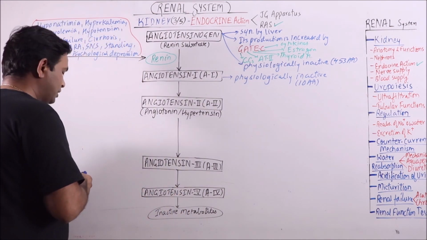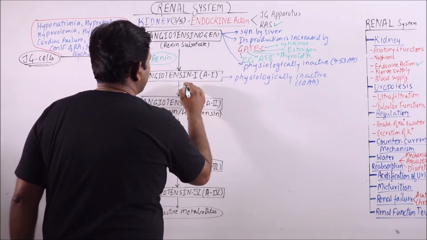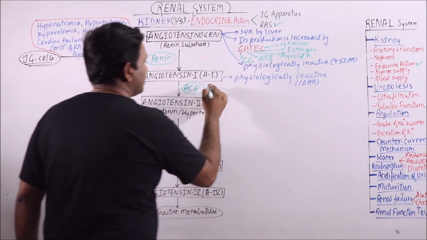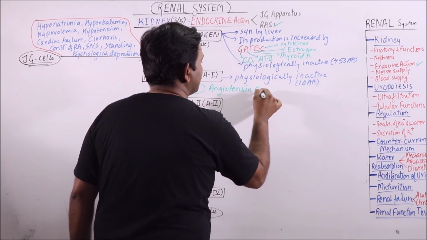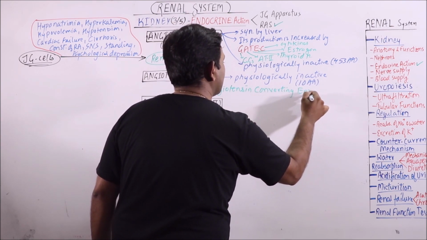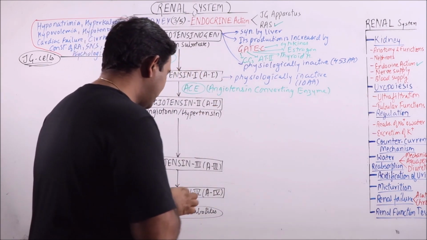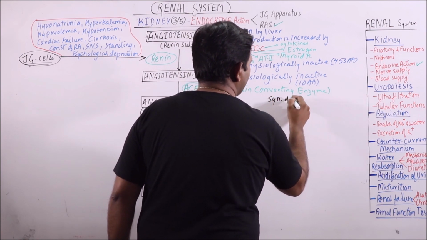Then angiotensin 1 is converted to angiotensin 2 in presence of an enzyme that is known as ACE. ACE is angiotensin converting enzyme.